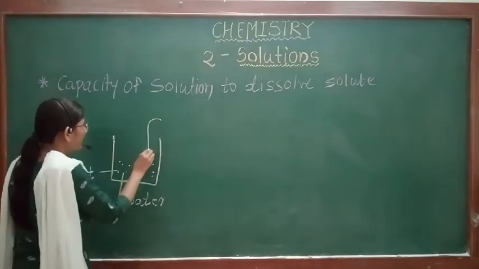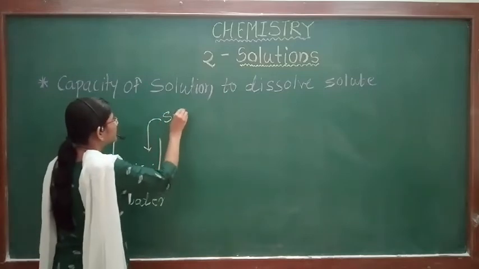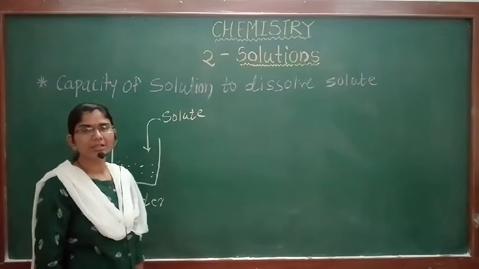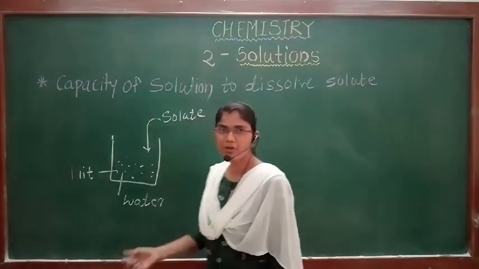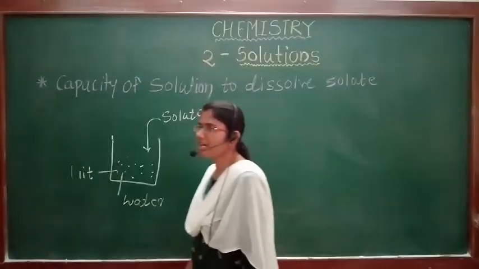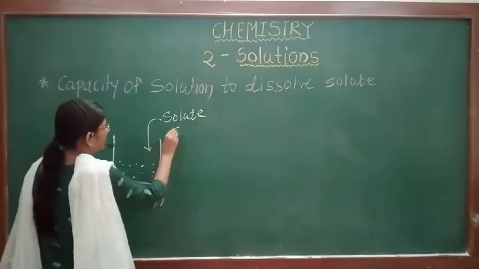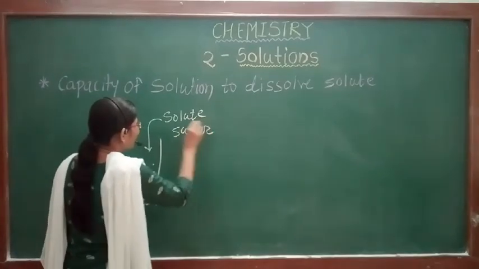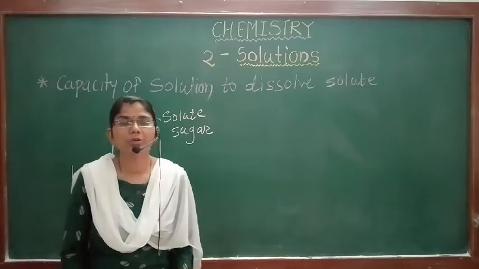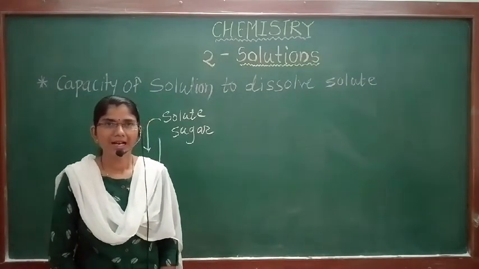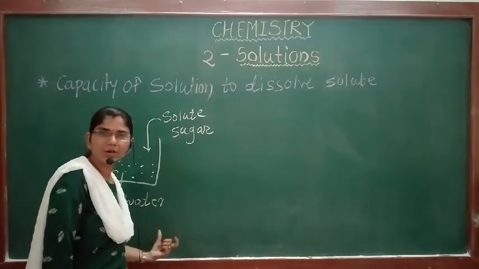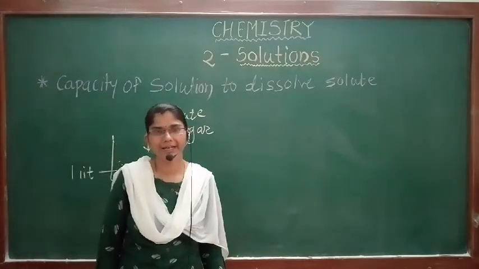If we add a solute in that solvent, because water is used as a solvent, it forms an aqueous solution. If we add a solute such as sugar in this water, then it forms a solution, because a solution is a mixture of solute and solvent. It forms a binary solution and an aqueous solution.